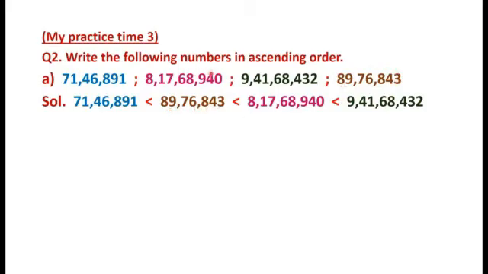Then for the two numbers with 8 digits, when we compare from the left hand side, here it is 8 and here it is 9. So this one is the smaller number among these two.